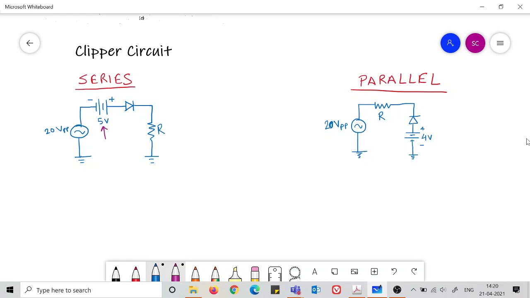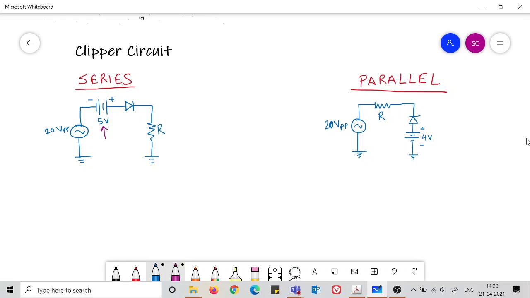Is the full wave rectifier a clipper circuit? Can anyone answer this? No, because there is no clipping of the voltage waveform. There is a transformation of the voltage waveform. There is no clipping happening.